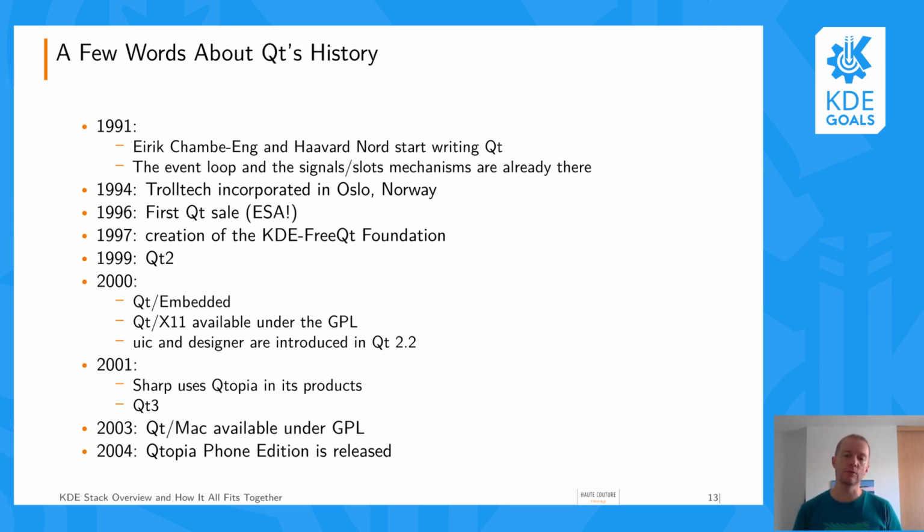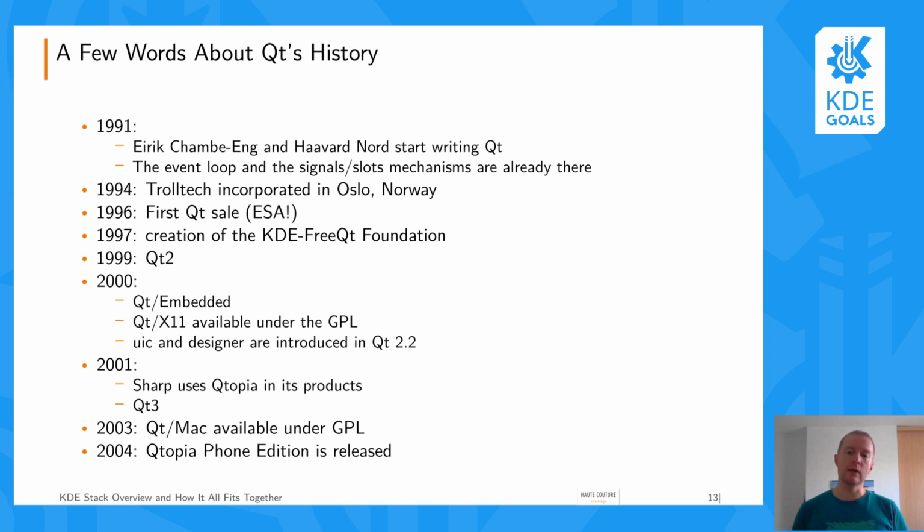So that was already in there. They incorporated Trolltech at the time in Oslo, and they made their first Qt sale a couple of years later, which was to the European Space Agency, which is not too shabby for a first customer.